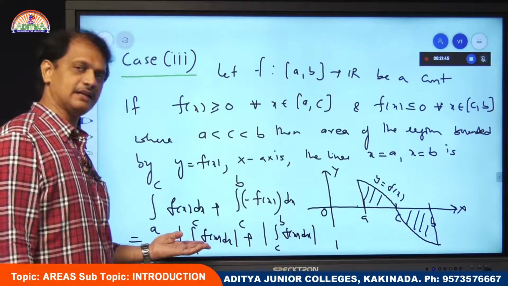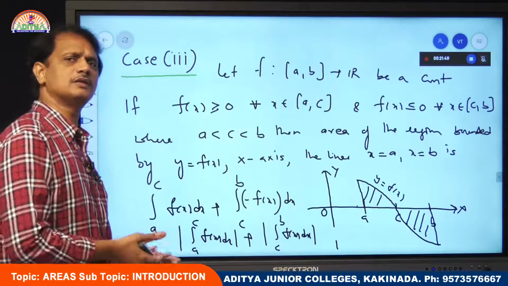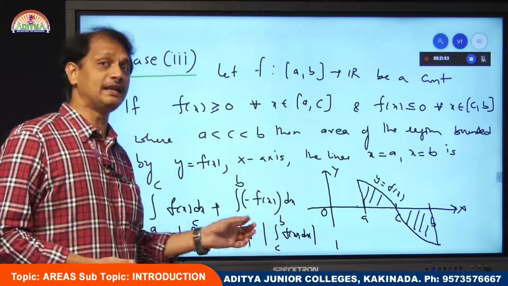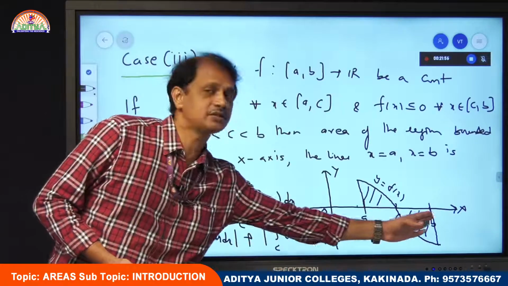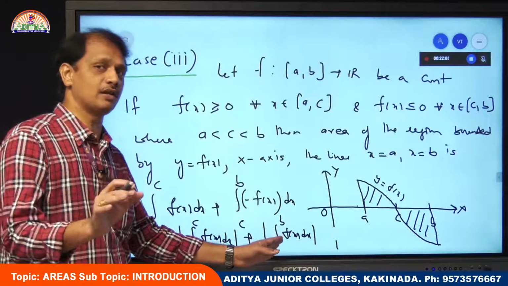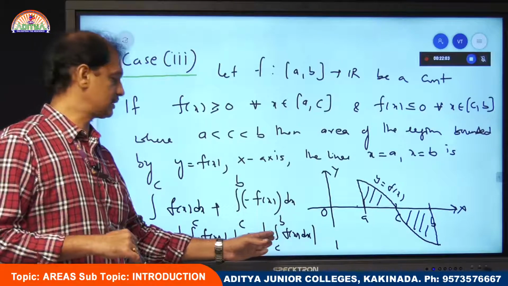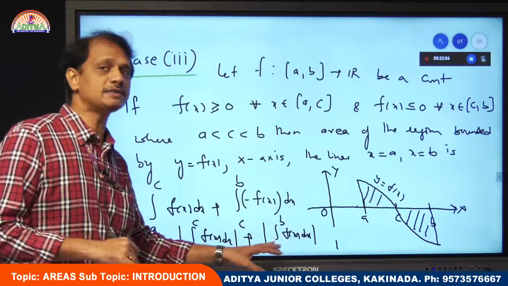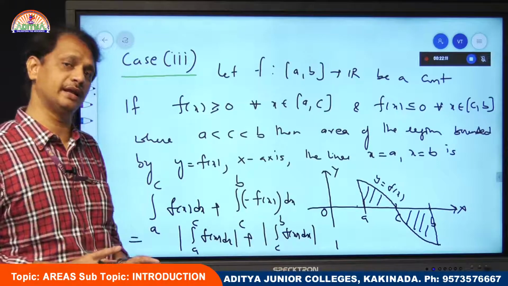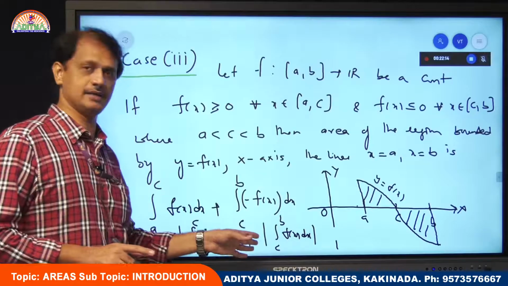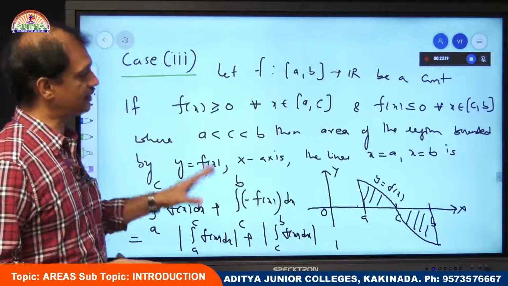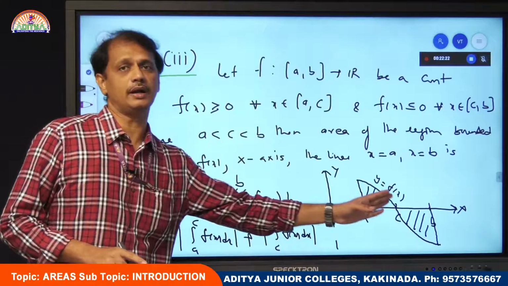If you calculate this region, you will get a negative value because you are adding the summation of negative values. A negative value means it is only a definite integral, but what we are calculating is area, that's why I am taking modulus. Now it becomes a positive quantity. That means if you don't know whether it is a positive or a negative quantity, in such cases apply modulus. If you know, you can directly do this. Okay, this is the third case in which the graph is partially positive and partially negative.